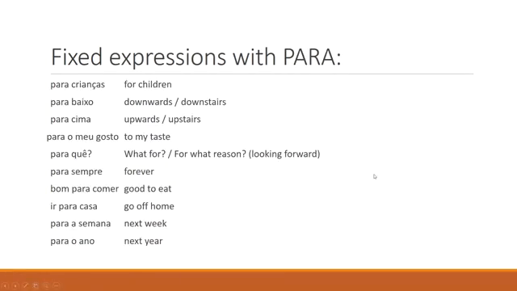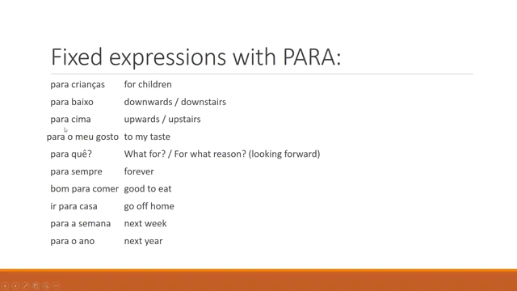And then with para, a few more fixed expressions here. Have you come across any? Para sempre, forever. Let's go through them. We've got things like para crianças, for children. Like the books for children. Livros para crianças. That's the final recipient.